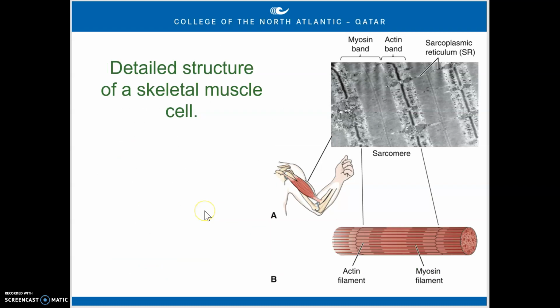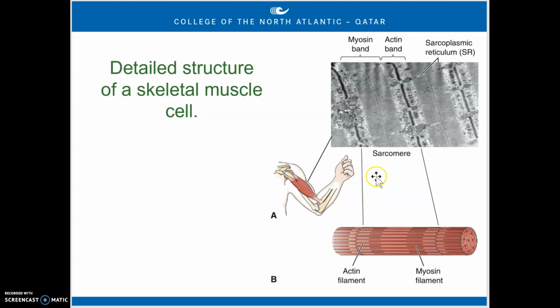So here's a look at an electron micrograph of the muscle fiber, muscle tissue. You'll see the myosin fibers right here, and then you'll see the actin fibers right here. The myosin fibers are the thick, dark ones, and the actin fibers are the short, thin ones.